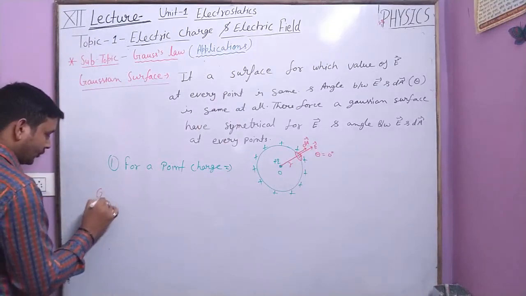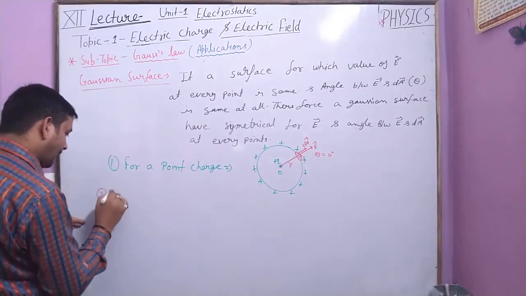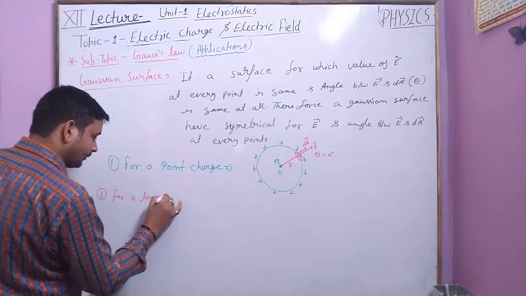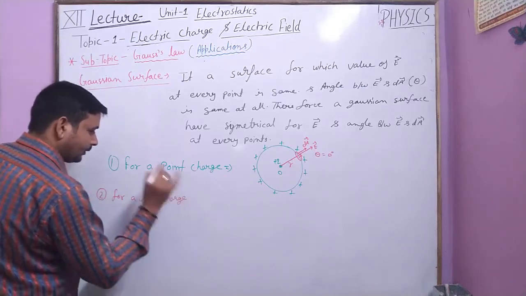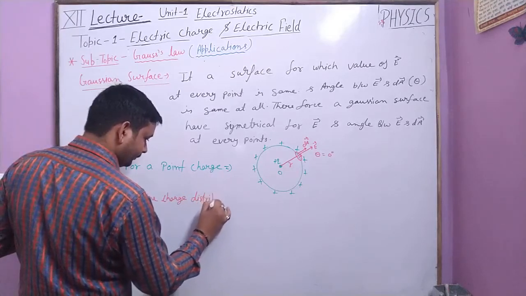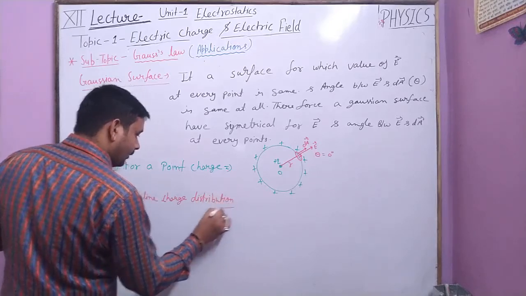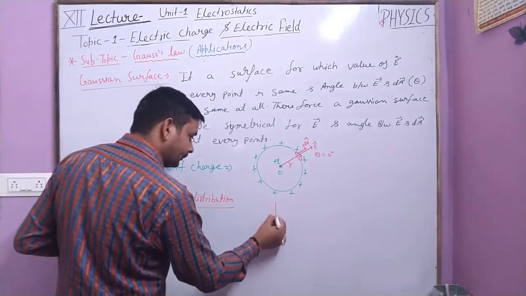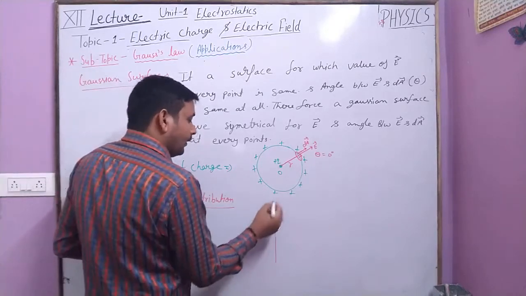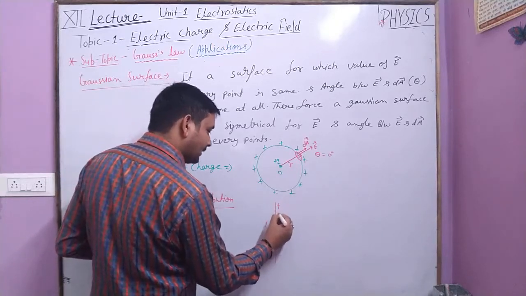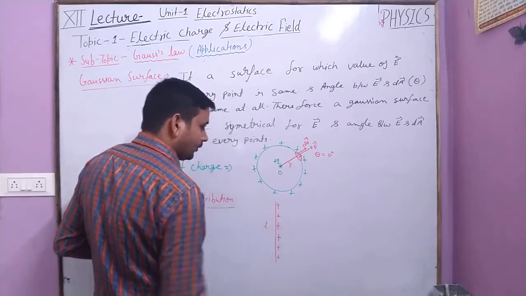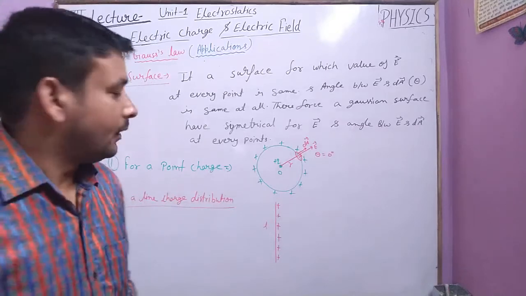The second case, students, is a line charge distribution. Now suppose you are given a wire of length L, having charge distributed along its length uniformly.